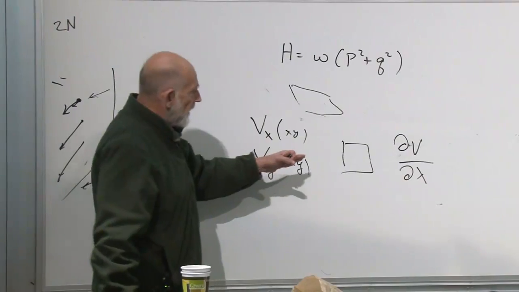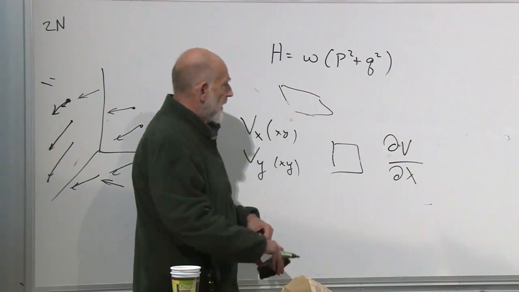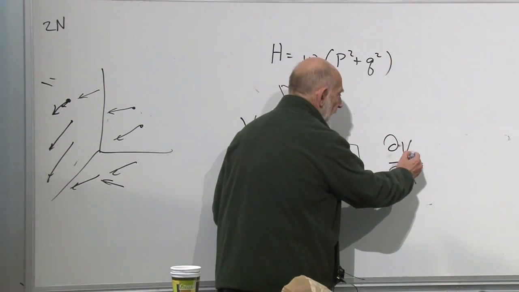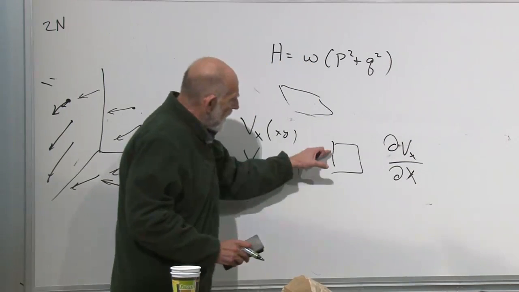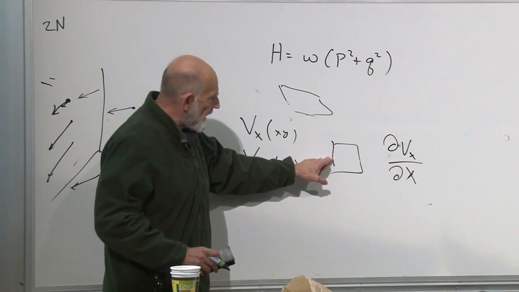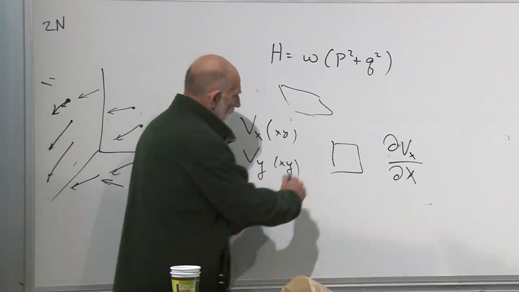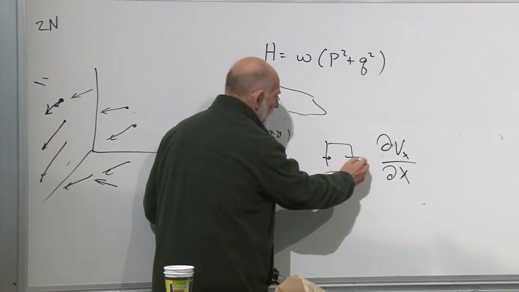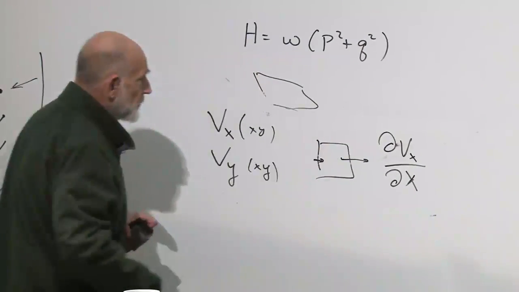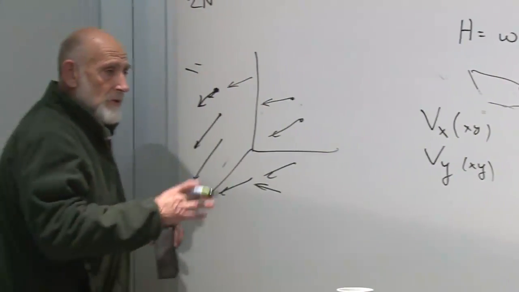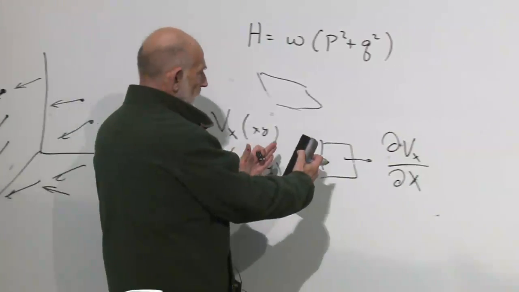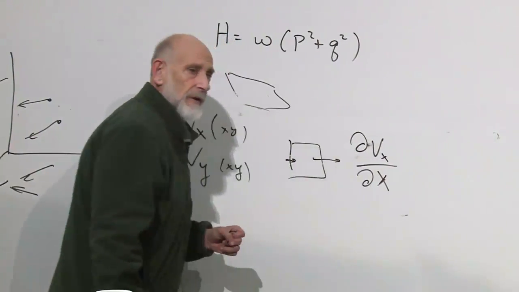The partial derivative of the velocity, and in particular the x component of the velocity, is how the x component of velocity is varying as you change x. So if the x component of velocity is small here and big here, then the fluid is stretching. That's some measure of how much the fluid is stretching in this direction.